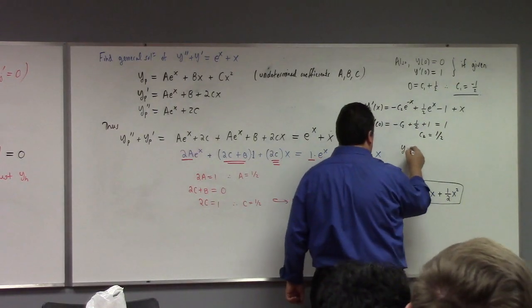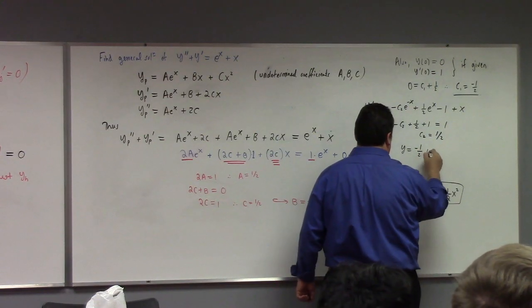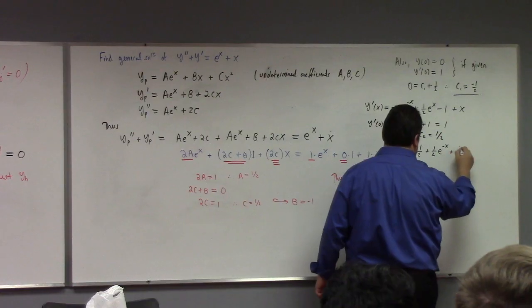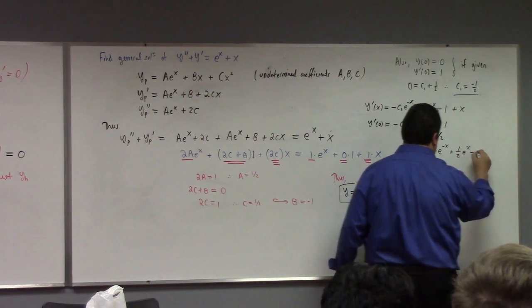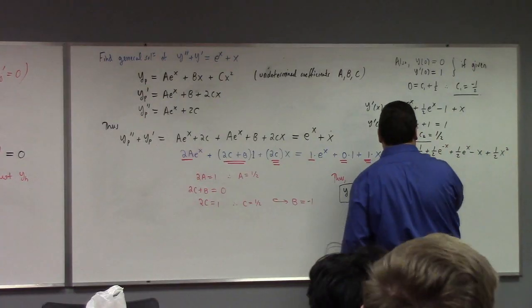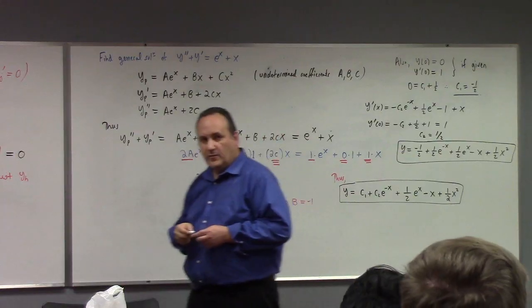And so I would then find the solution: minus 1 half plus 1 half e to the minus x plus 1 half e to the 3x minus x plus 1/2 x squared. And that would be the solution to the initial value problem that I just wrote on the board.